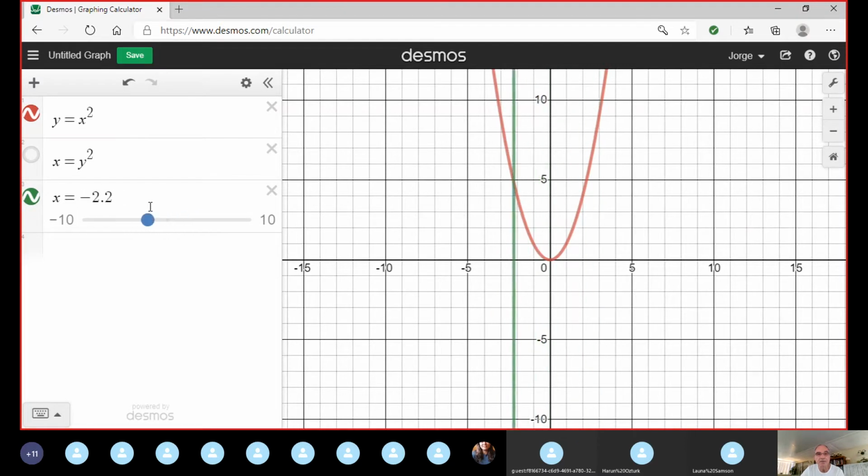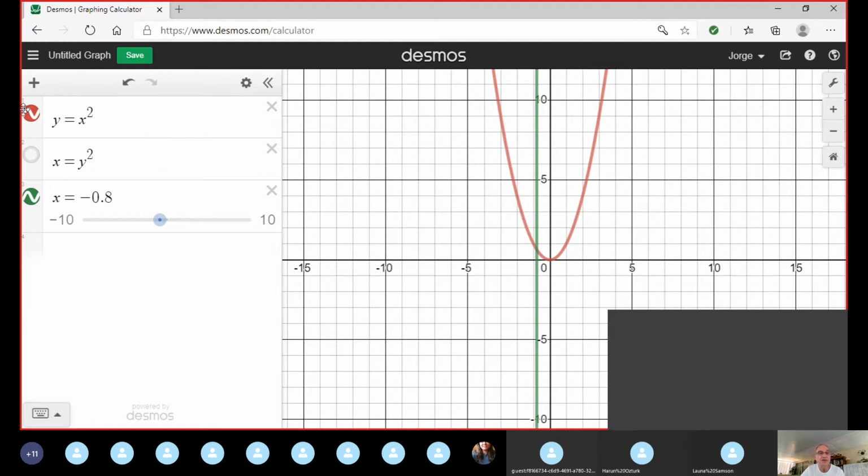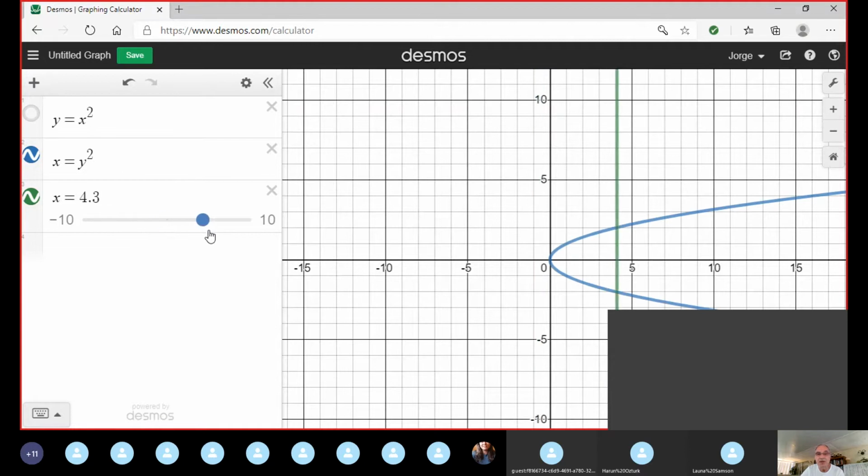Pass. It's a function. Easy. The second one is like that. When you apply the vertical line test, pass or fail? Fail. End of story, guys. Do you understand everything very well?